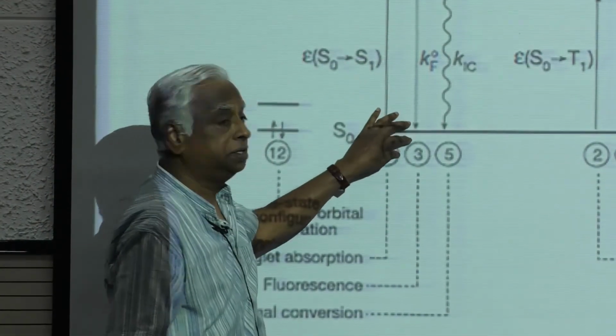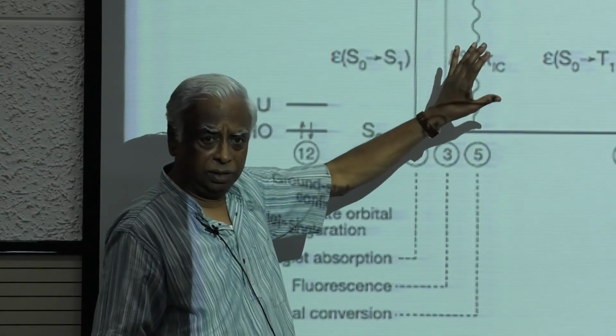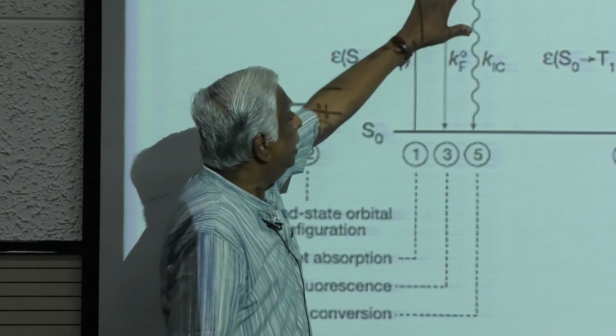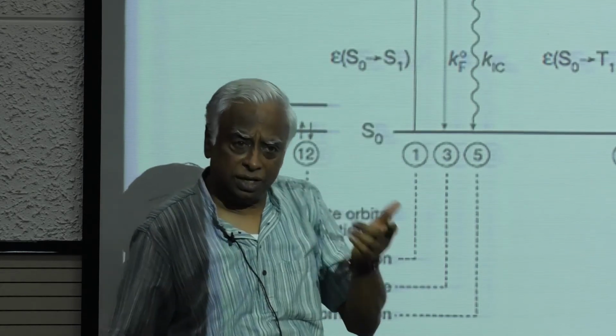Okay. In addition to this emission, there is something like this kind of line that is called radiation-less transition. This is a transition from here to here or from there to here. So when it is emitting light, we call them radiative transition. That means the light is coming out. And this one, which is written like this, means radiation-less transition.